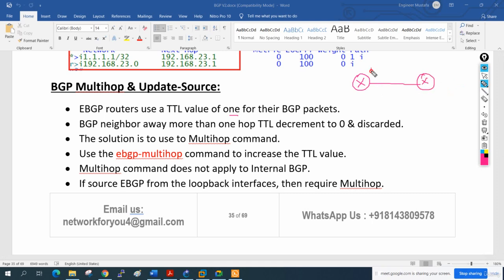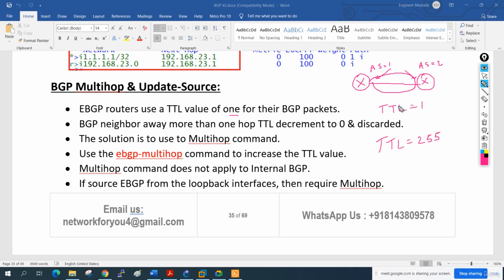I am using AS1 here and AS2 here. When we have a different AS here and a different AS there, we call this eBGP. Whenever we are configuring eBGP, the TTL value will remain 1, and whenever we are configuring iBGP, the TTL value will be 255. This we learned in our previous classes.